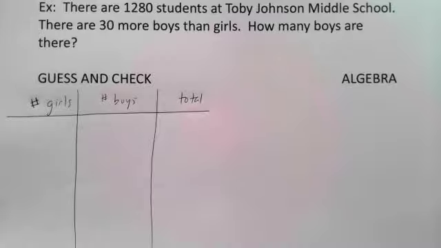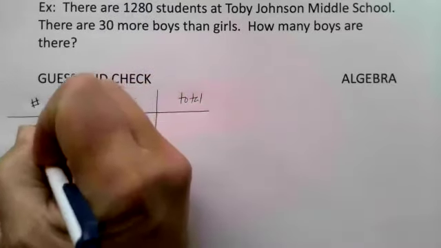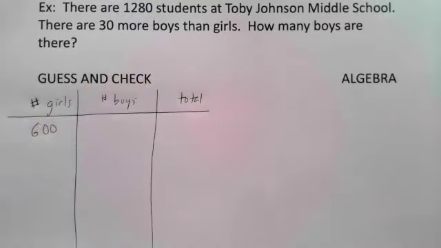So here would be my suggestion on how to do this. Just pick a random number and put it here. Like how many girls go to the school? I don't know. There's 1,200 something total. Maybe we just make a guess. It's okay if you don't get it right. You're not supposed to get it right the first time. That kind of defeats the purpose of guess and check. Just put a number there.